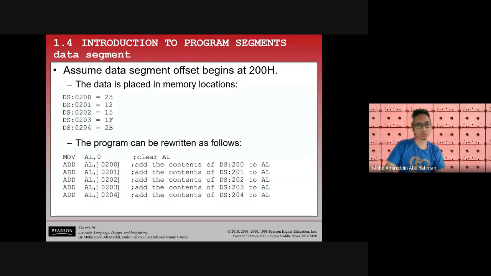That is 25, so we add 25 to AL, and then we add 0201, and consequently 0202, 0203, and 0204. Similarly, we can add the values to AL.